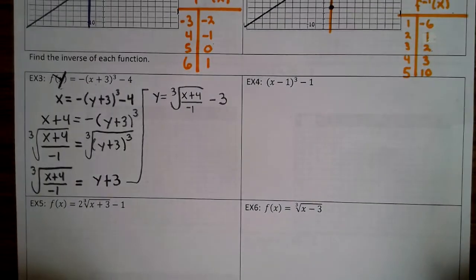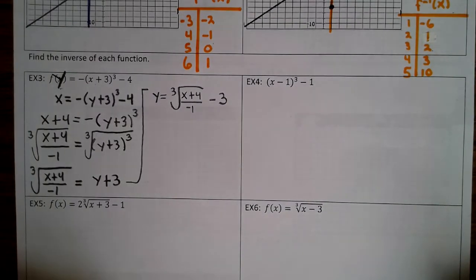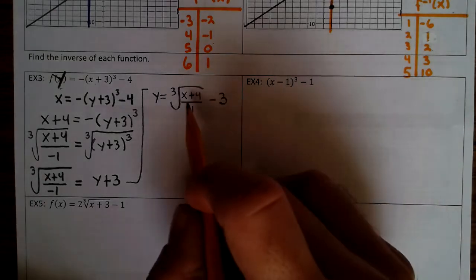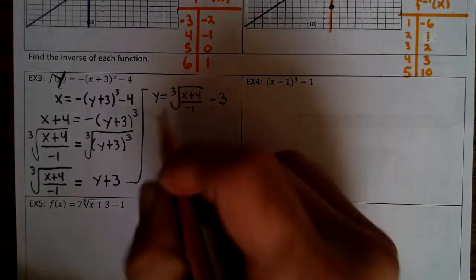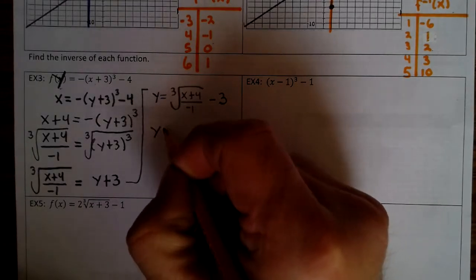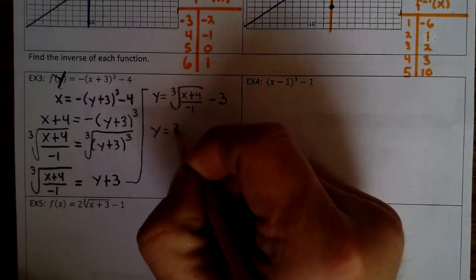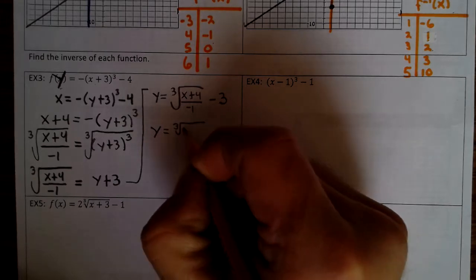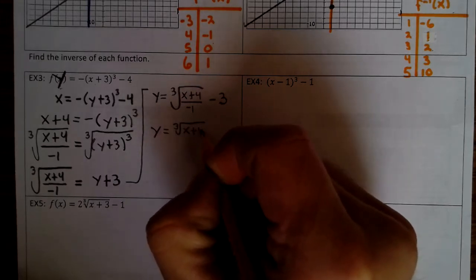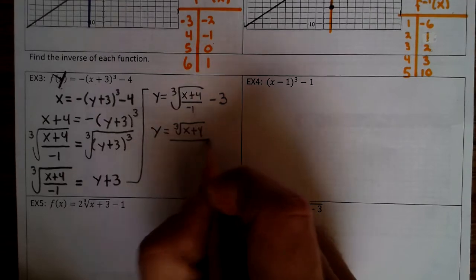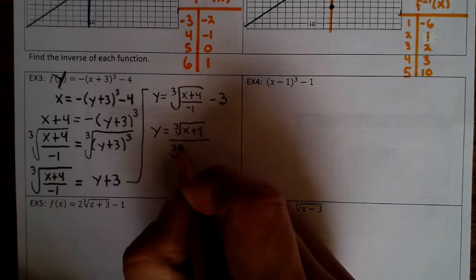Now we're almost done, but we can actually take the cube root of each of these separately. So we have y equals the cube root of x plus 4 divided by the cube root of -1 minus 3. And the reason we do that is because the cube root of -1 is -1.